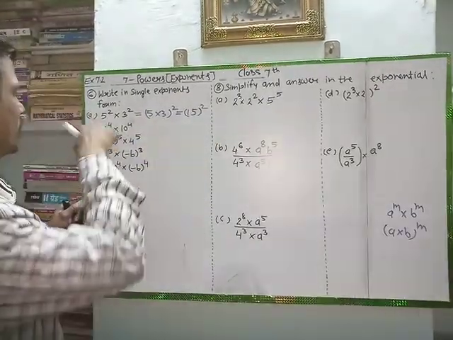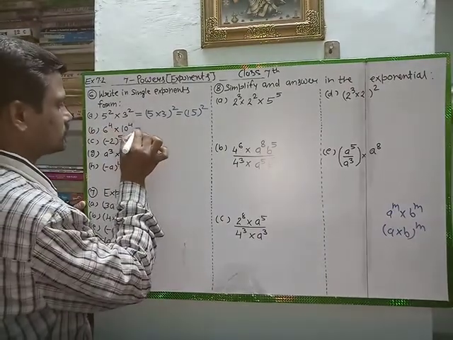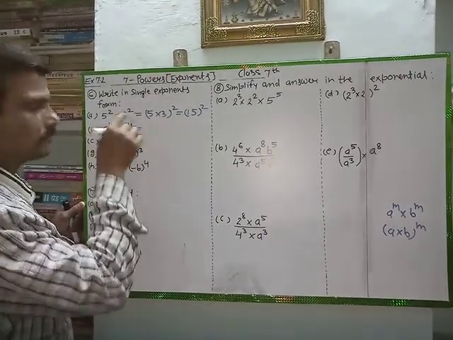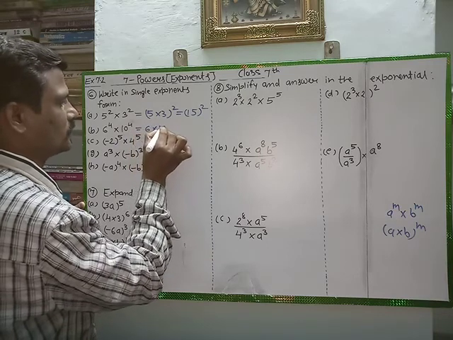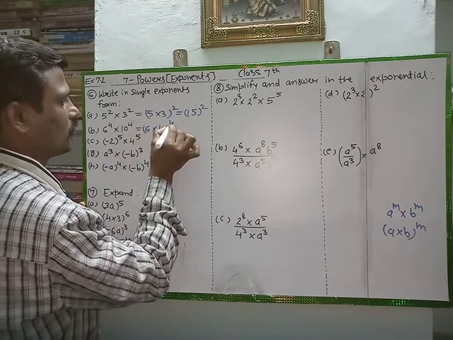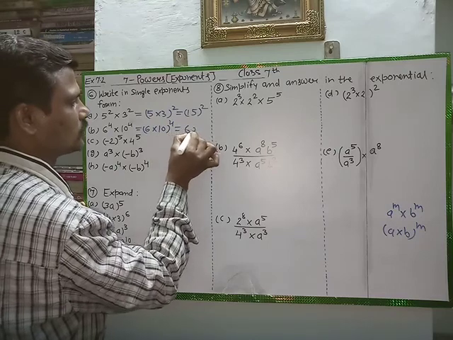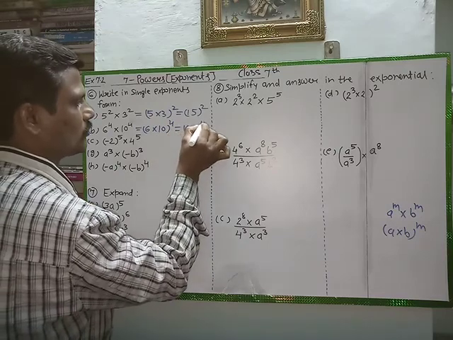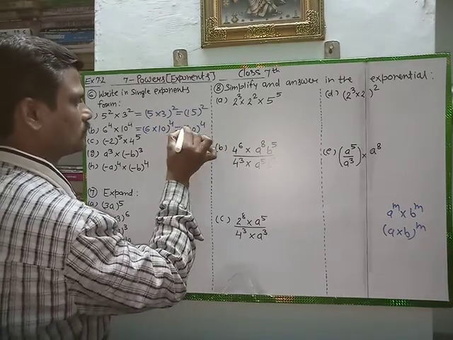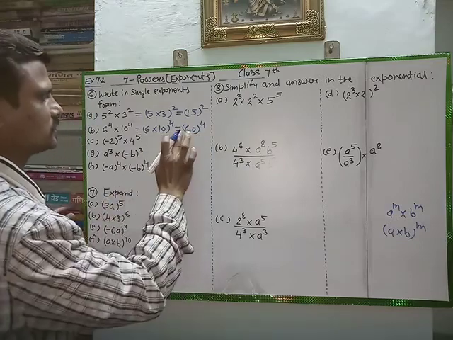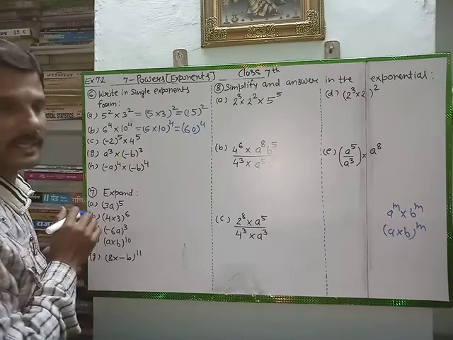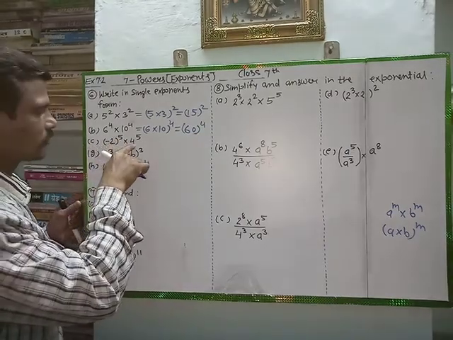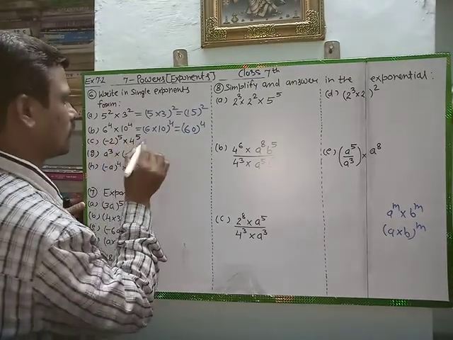Okay, next, 6. Powers are the same, so you can write 6 multiplied with 10 to the whole power 4. This will become 60 to the whole power 4. Okay, next one is minus 2 to the power 5 multiplied with 4 to the power 5.